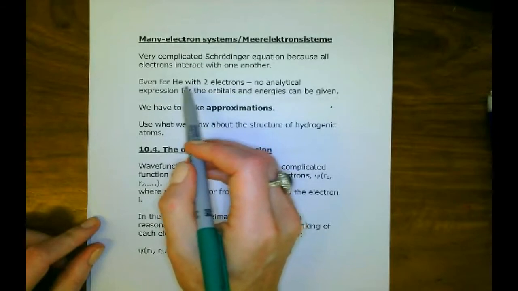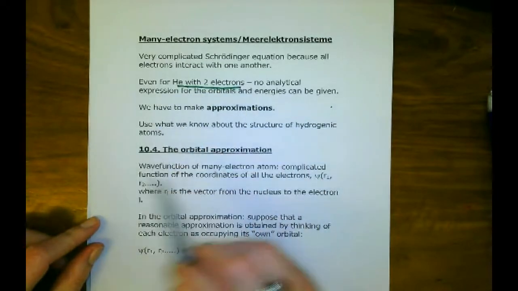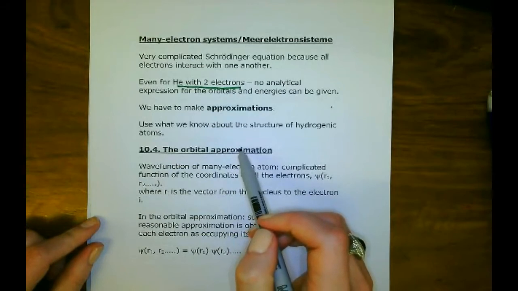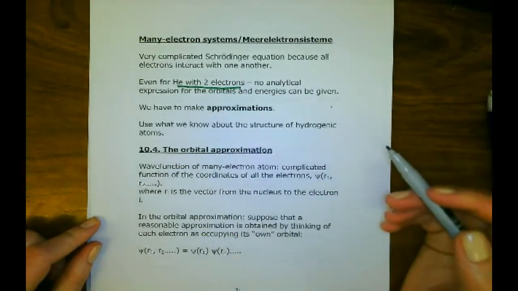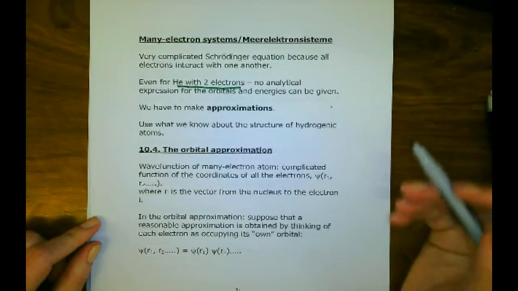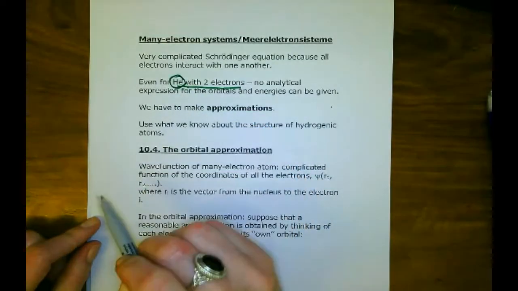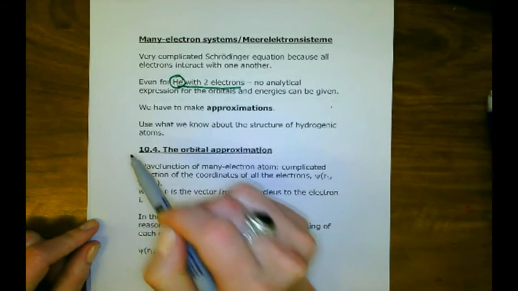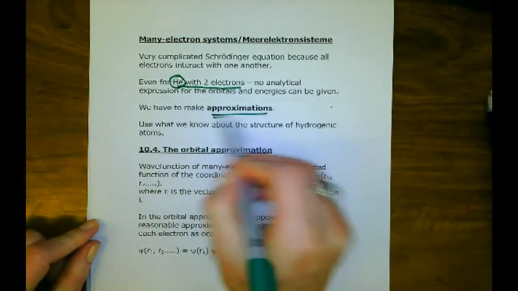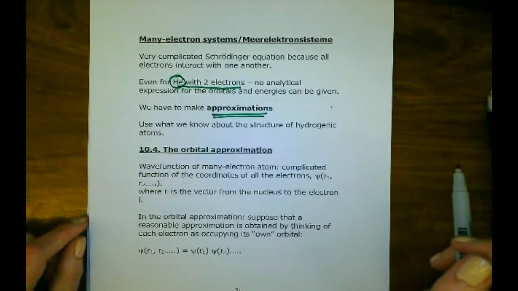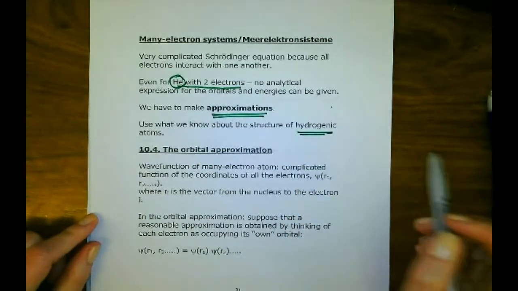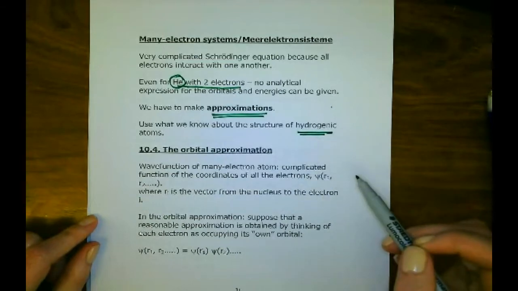So even for helium, which has 2 electrons, there's no analytical expression for the Schrödinger equation. So we cannot solve the Schrödinger equation exactly even for helium, which has just 1 electron more than hydrogen. What do we have to do? We have to start making approximations. And we use the information that we have for the hydrogenic atoms in these approximations.